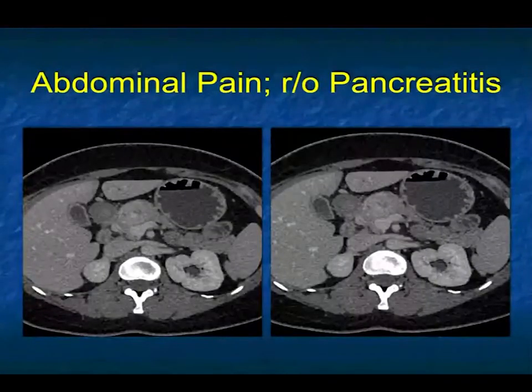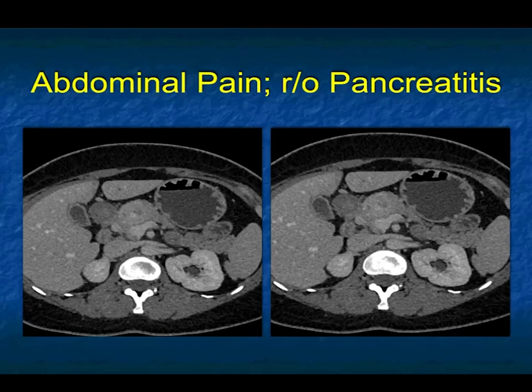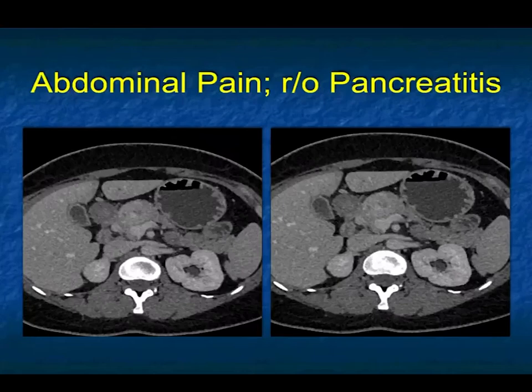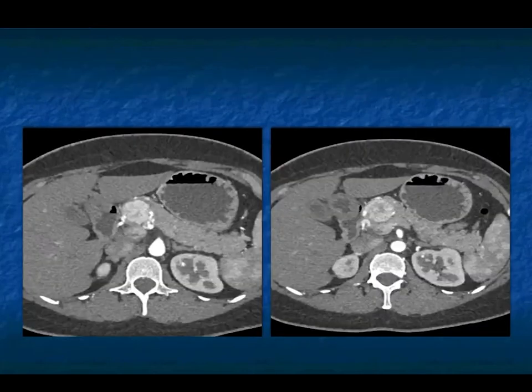Rule out pancreatitis, abdominal pain. You're looking at the pancreatic head, kind of looks mass-like, right? And then when you look at it in the arterial phase, not just venous, but arterial, look how vascular the lesion is. If the patient had an absent kidney and had renal cell, you can say metastatic renal cell carcinoma.